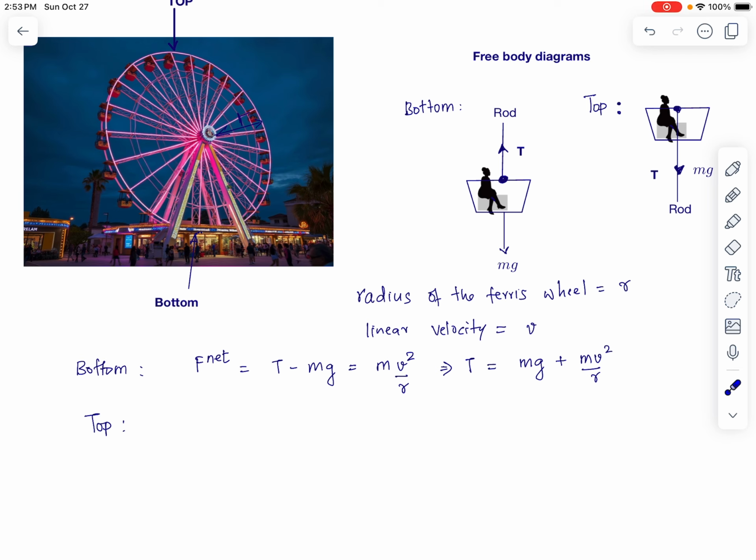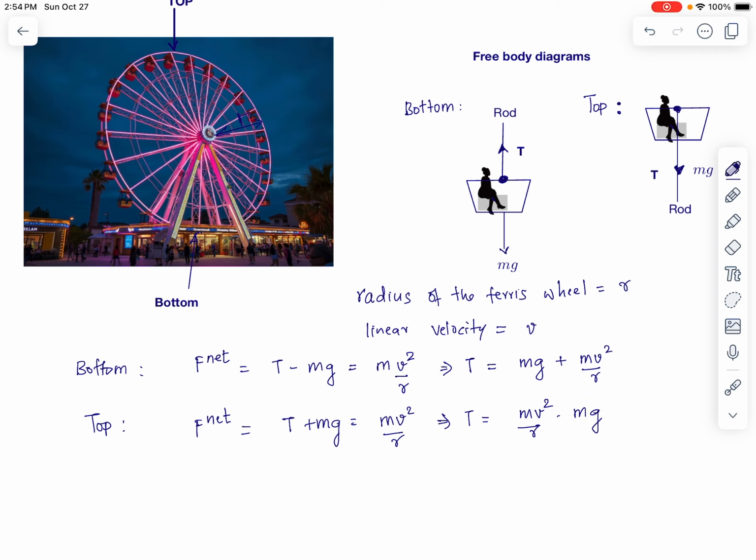The weight of the gondola and the person also acts straight down. So the net force towards the center is T plus mg, which equals the centripetal force, mv squared over r. Therefore, the tension here equals mv squared over r minus mg.